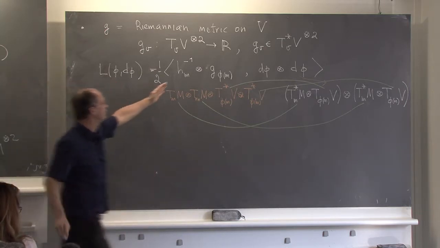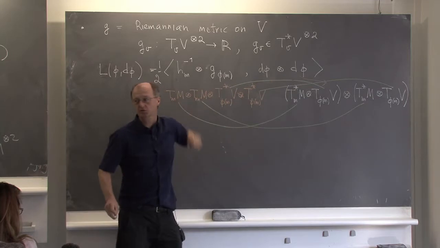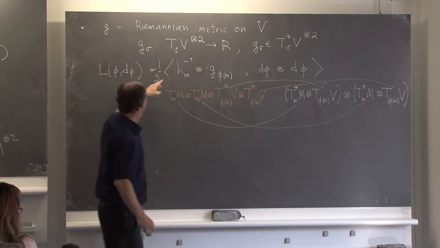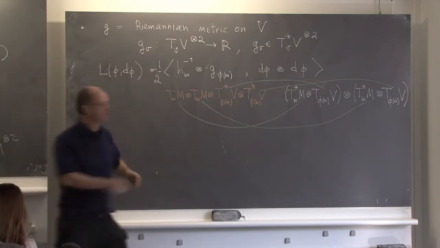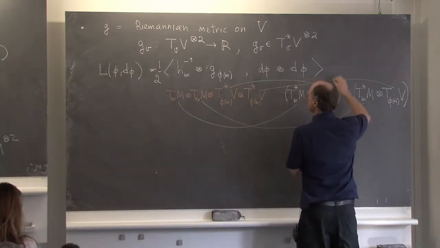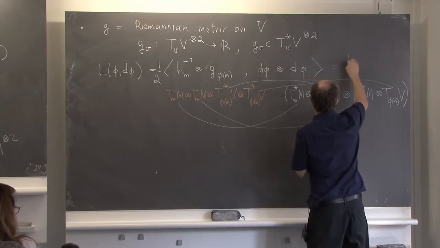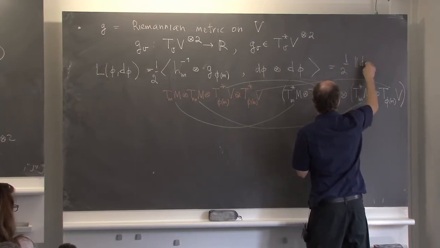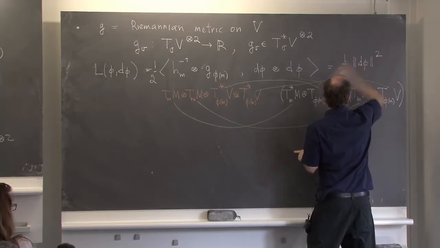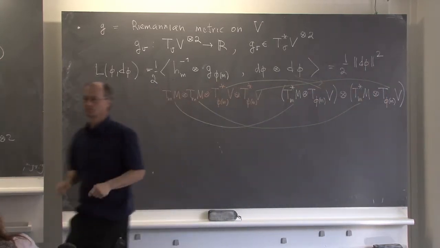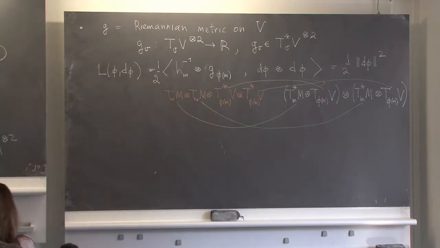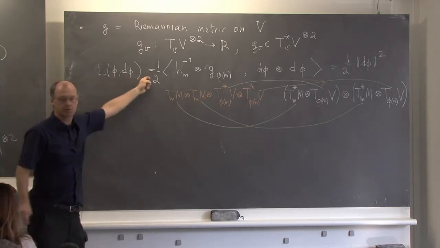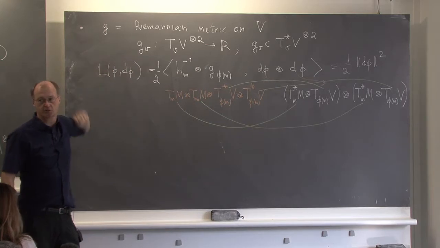So there is a canonical pairing, and this gives you a function on M once you implement everything. Sometimes you can see a notation like that, but that's just a notation for this kind of writing. So given these two metrics, we can write such a Lagrangian function.